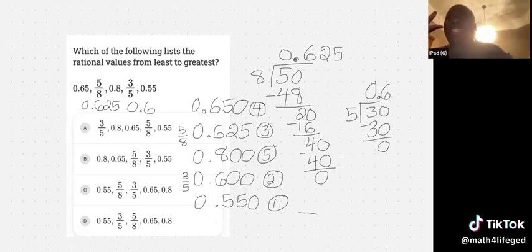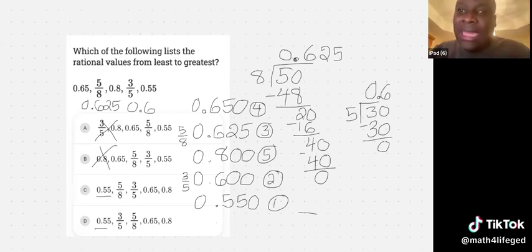You see, I can already eliminate some of the answers, right? I can already get rid of them. Then the next one is the 3/5. Okay, 3/5. Oh, look, right here. I already know my answer. But just to make sure, we're gonna check the rest of the numbers. So I see 3/5 right there as number two. The third answer is the 5/8, which is 0.625.